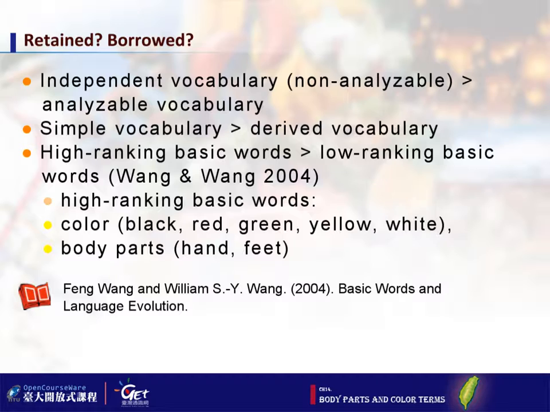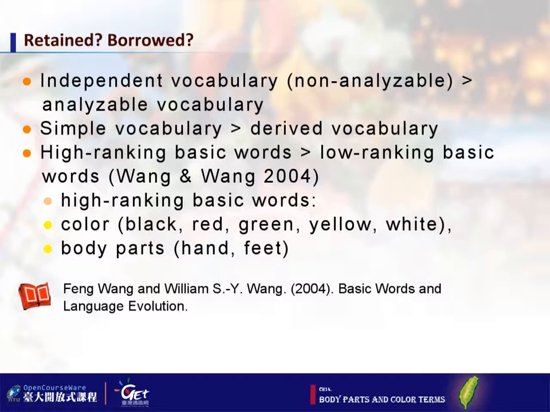The high-ranking basic words referring to colors: black, red, green, yellow, and white. So you see there's no blue here for the high-ranking basic words. And body parts: hand and feet. These are the high-ranking basic words. Fingers or elbows or arms are not high-ranking. They are low-ranking. So in the study, they show high-ranking basic words will precede low-ranking basic words.